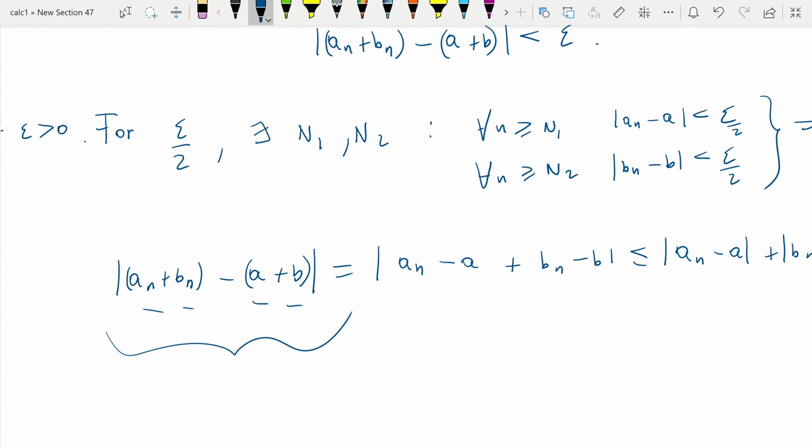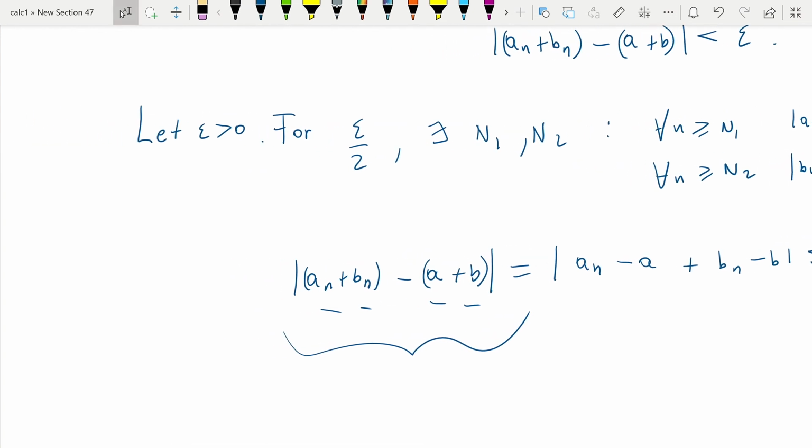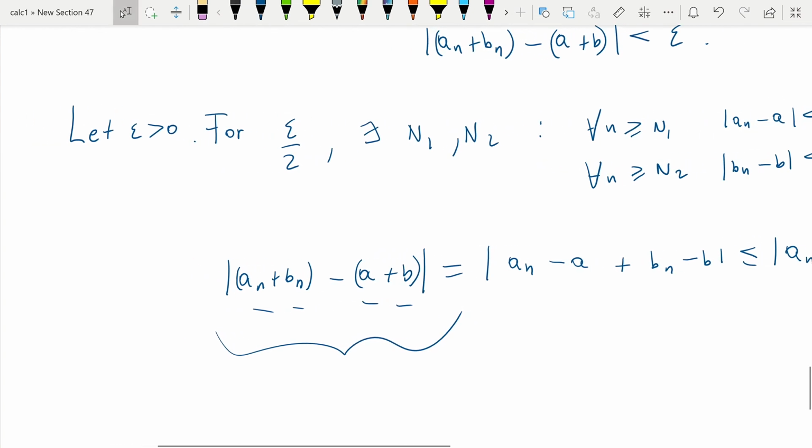Here, unfortunately, we're using the same notation, but this is epsilon over 2. So we're applying the statement for every epsilon, in particular epsilon over 2. If you think of the other epsilon as some vague epsilon, and this one as some epsilon 0, then we're applying it to epsilon 0 over 2.